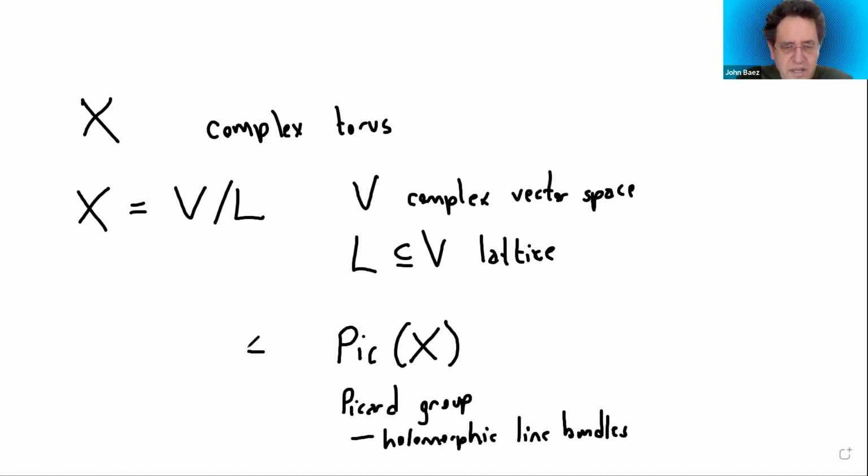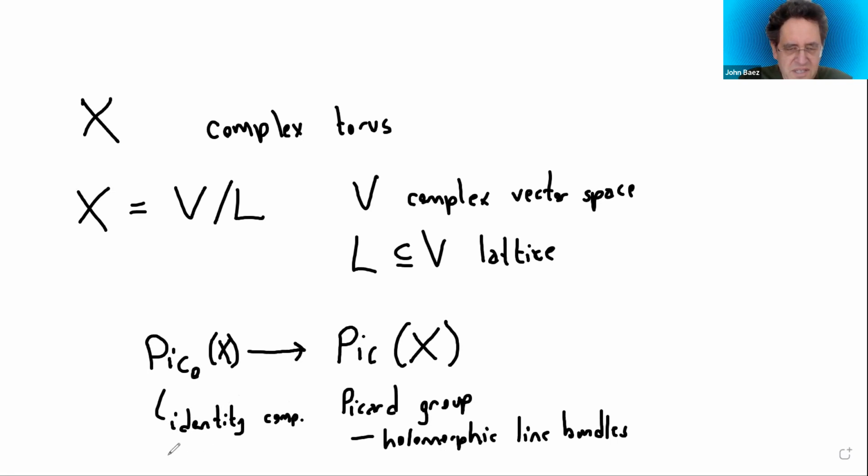But it's a topological group. It's a Lie group. It actually turns out to be a complex Lie group, a group object in complex manifolds. It has an identity component. People often call it Pic^0 of X. This is the identity component, but I guess it has too many other names.